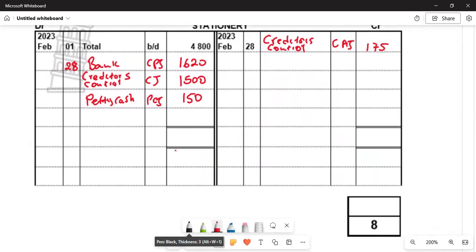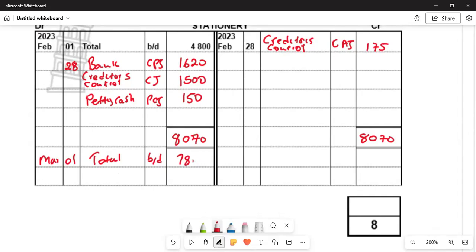We are going to have 870. Then the total, 7,895.